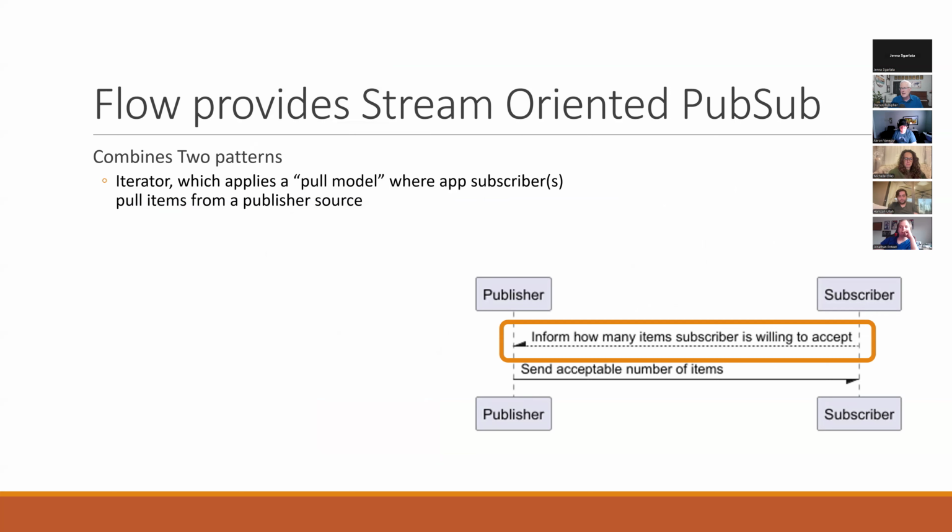So a subscriber here is going to actually tell the publisher, I want so many items that I'm willing to accept. Now, this is very different than traditional publish and subscribe, where the publisher and the subscriber don't even communicate with each other directly. They communicate through the bus, and the subscriber just starts grabbing onto a feed. Like in Kafka, they're called topics.